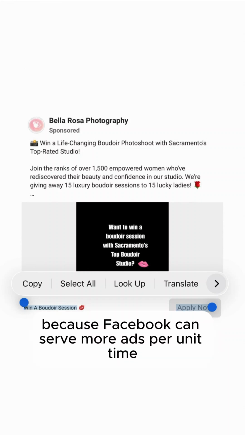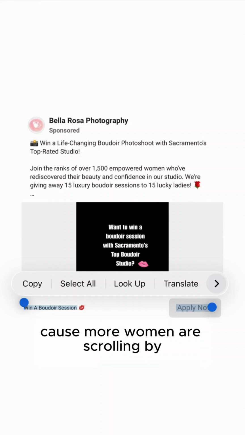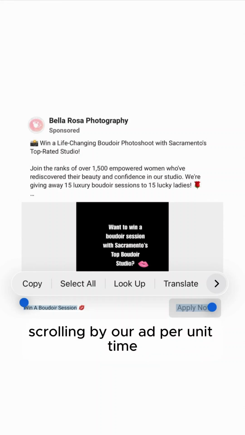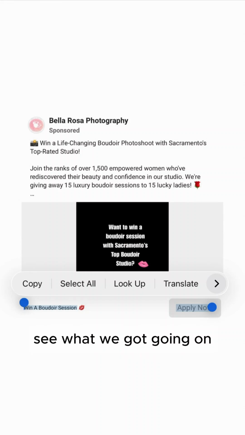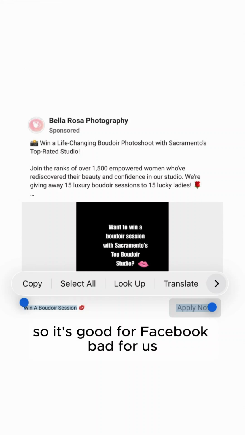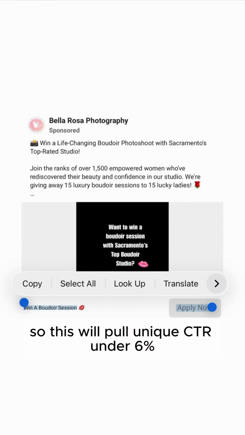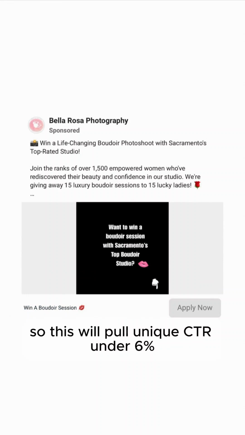And Facebook wants that because Facebook can serve more ads per unit time because more women are scrolling by our ad per unit time. They're not clicking in to read more, see what we got going on. So this is good for Facebook, bad for us. So this will pull unique CTRL under 6%.